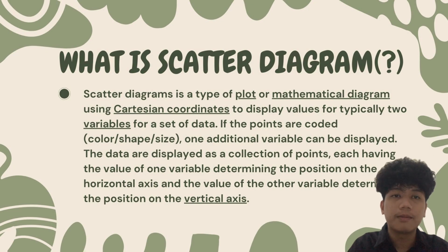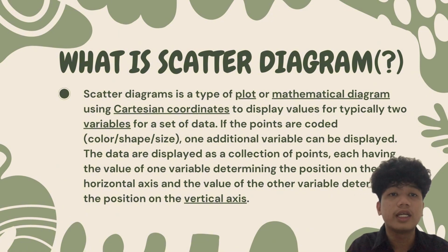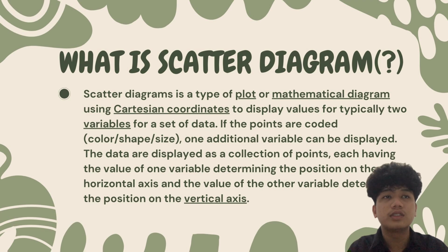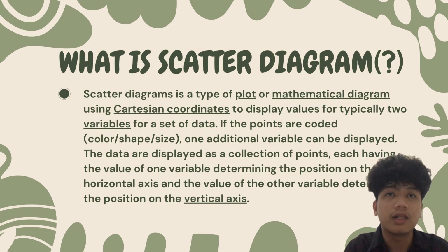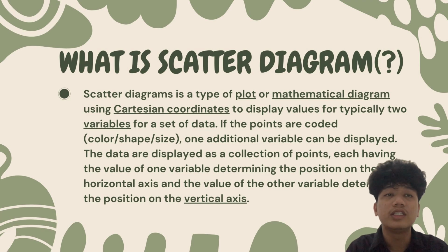A scatter diagram is a type of plot or mathematical diagram using Cartesian coordinates to display values for typically two variables. For a set of data, if the points are coded by color, shape or size, one additional variable can be displayed.